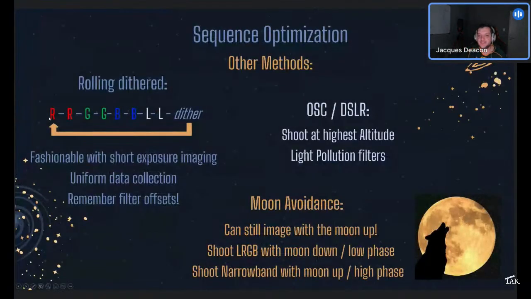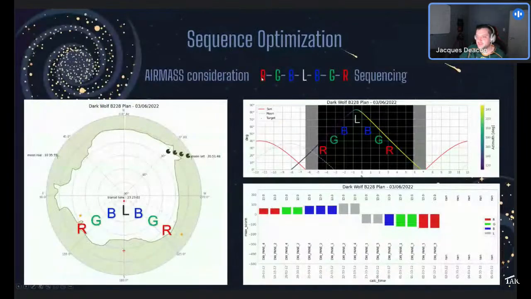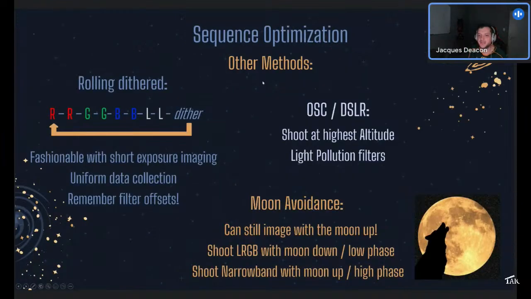Obviously when you are doing something like this, you have to dither within these, as you're taking this whole sequence of images. But if you're just doing 2 exposures here, 2 exposures here, 2 exposures, and dither, then you don't have to dither in between here. So this is the rolling dither one.